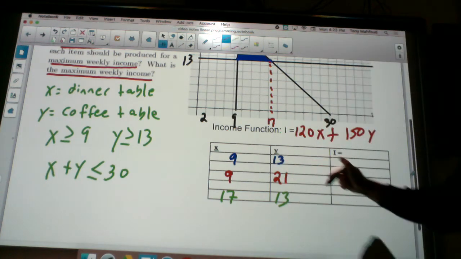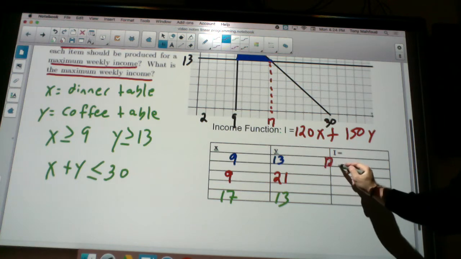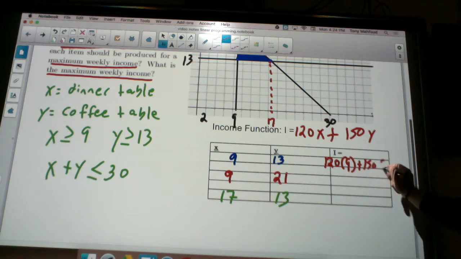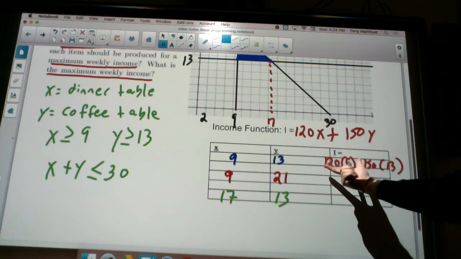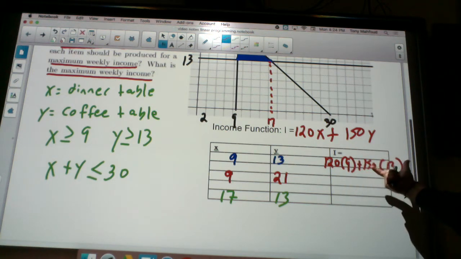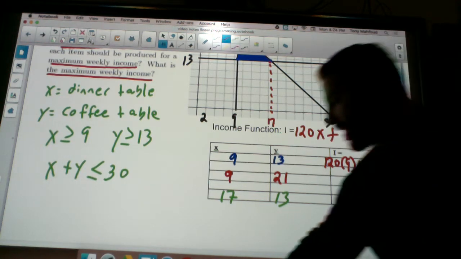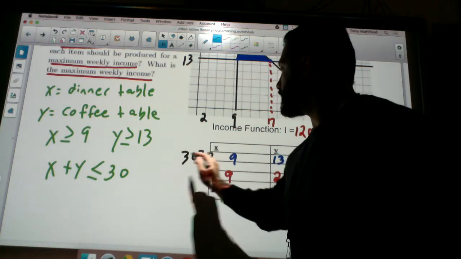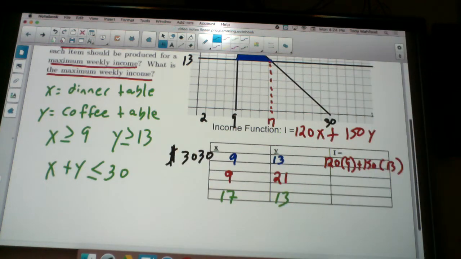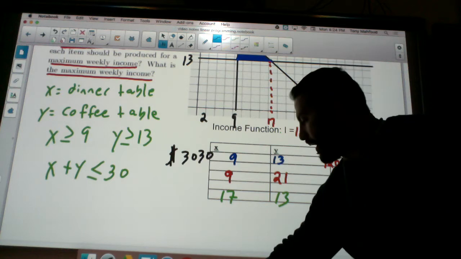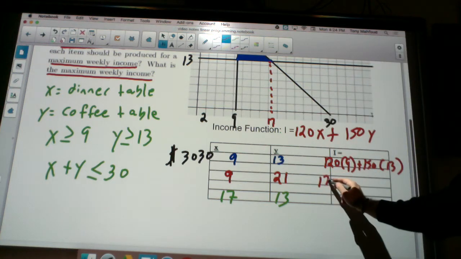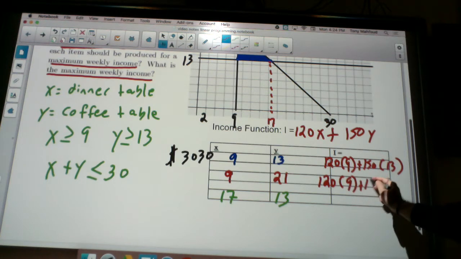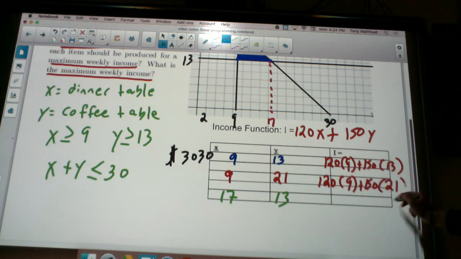So we're going to take our first coordinate point, 120 times 9, plus 150 times 13. Take those two, multiply, add them up. That will give me an income value of $3,030. Next, we're going to look at 120, but now we're still plugging in 9 for x, but now we have for y, 21.